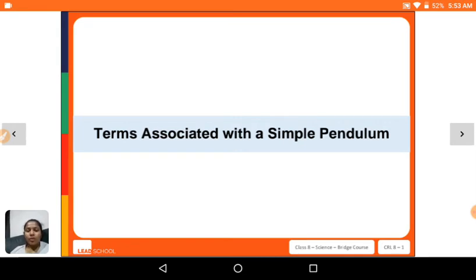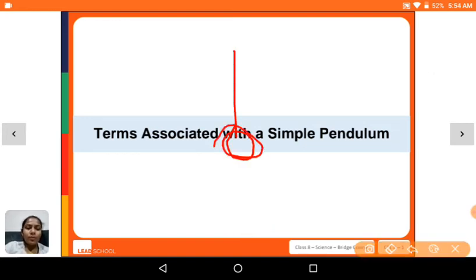Periodic motion is defined as the motion that repeats itself after a fixed interval of time. If this is a pendulum, or a bob or a nut, periodic motion is defined as a motion that repeats itself after a period of time.